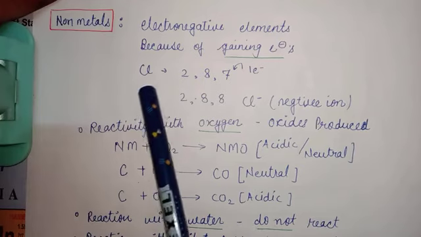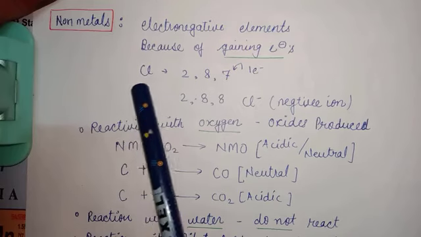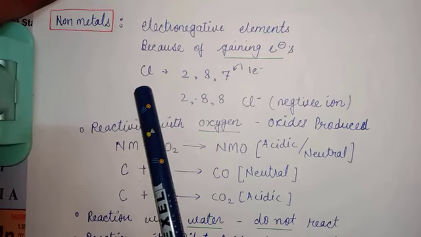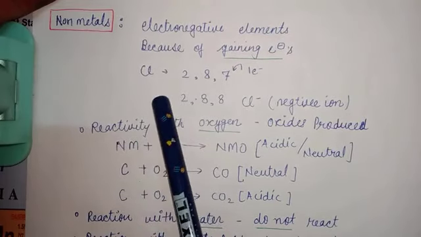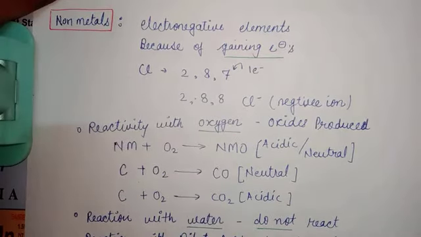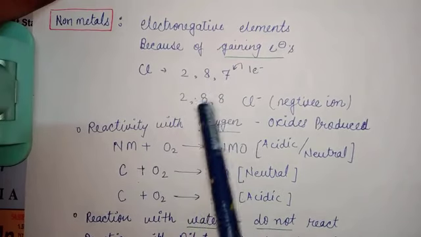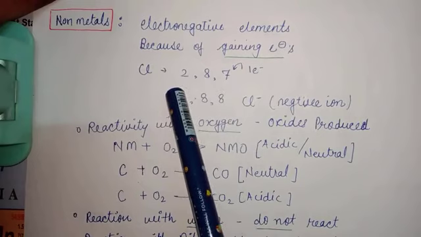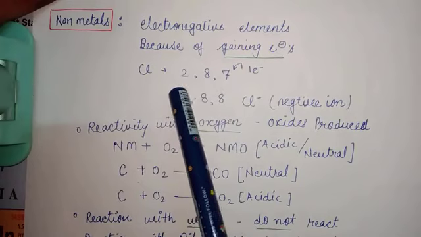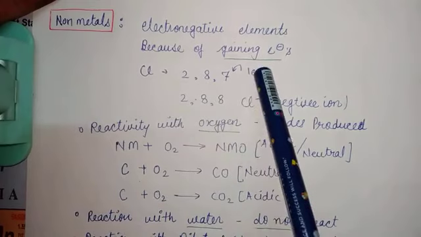Okay, let us take an example. From the example of chlorine we can understand it better. Chlorine has atomic number 17, with electronic configuration 2, 8, 7.